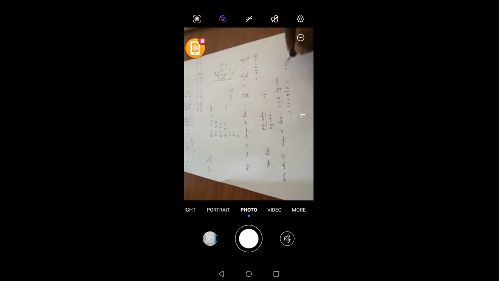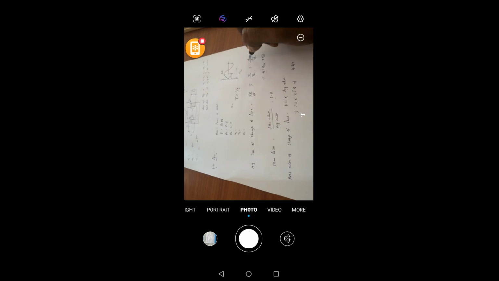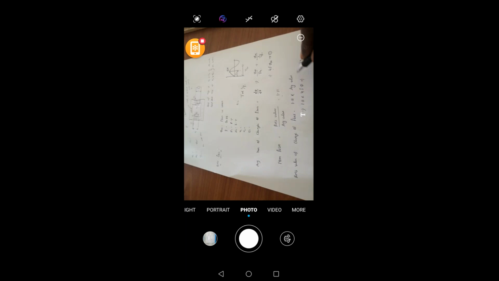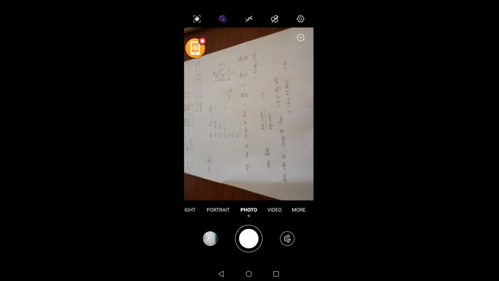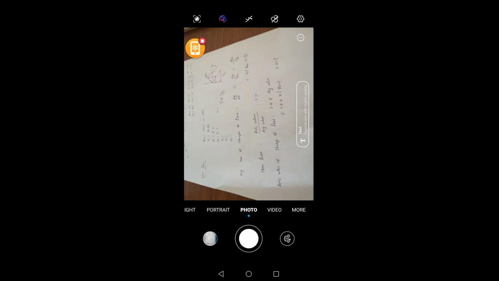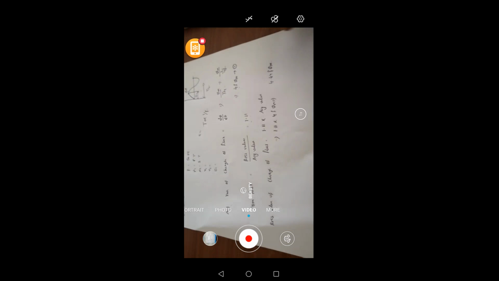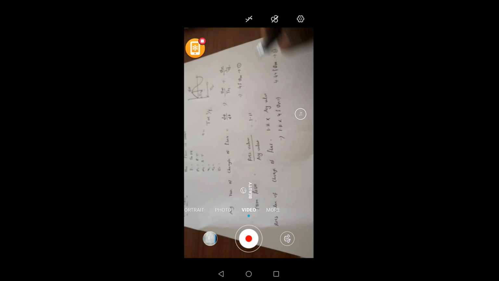So let's consider this pi m, that is the maximum flux, right? So this is equation number 2. This is the RMS value of change of flux.